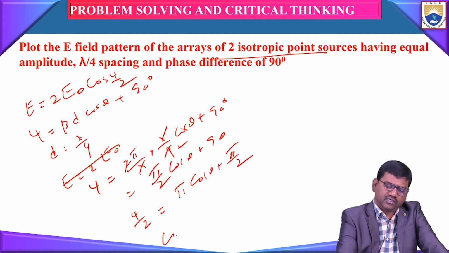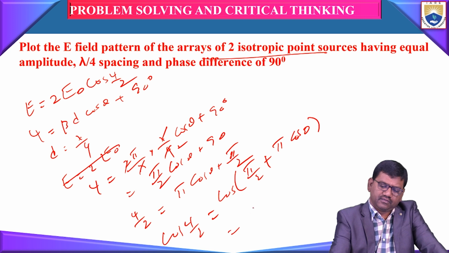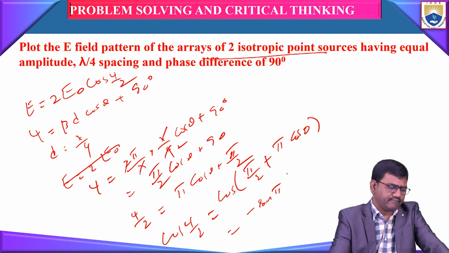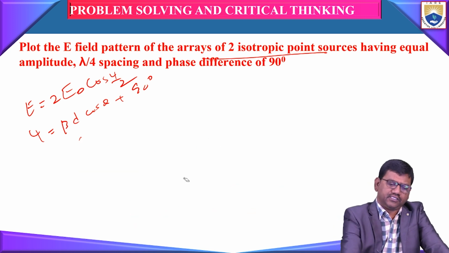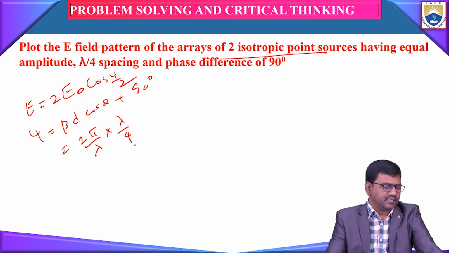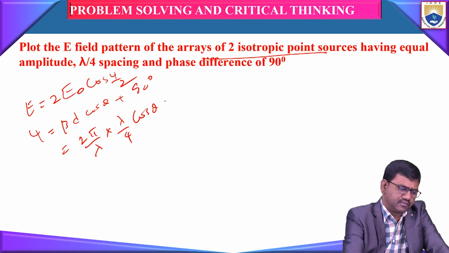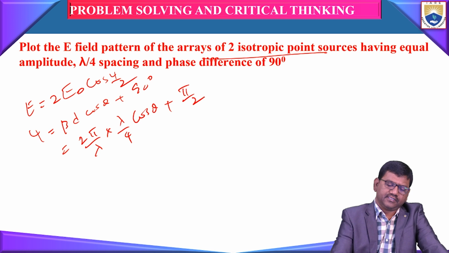Now cos psi by 2 is equal to cos of pi by 2 plus pi cos theta. So here beta is equal to 2 pi by lambda and d is equal to lambda by 4, so beta d cos theta means lambda by 4 cos theta plus pi by 2, where 90 degrees is pi by 2.